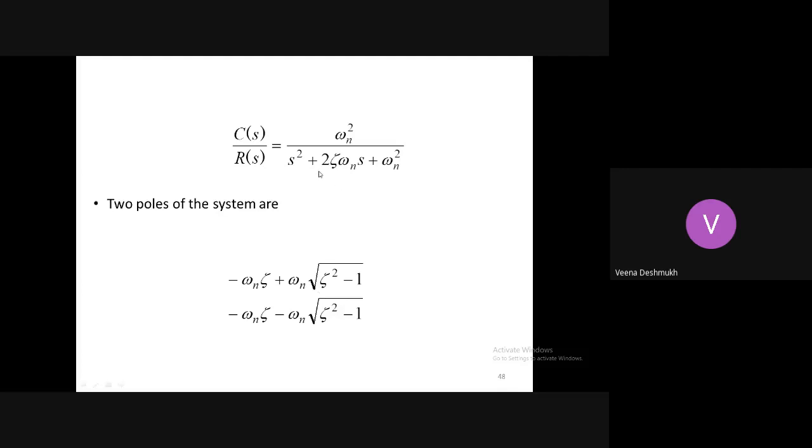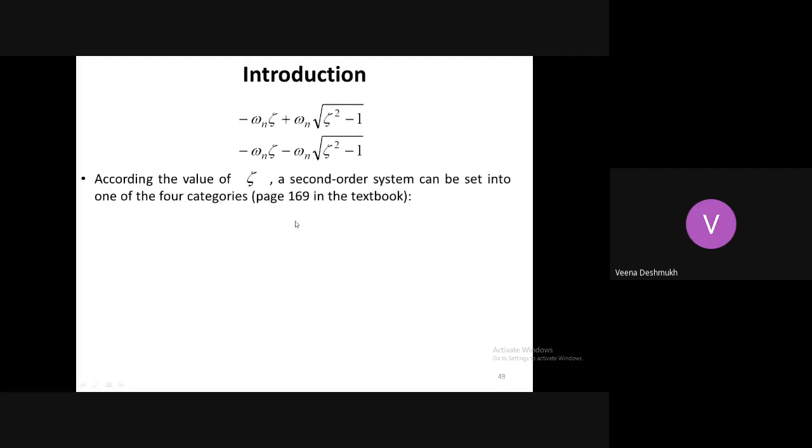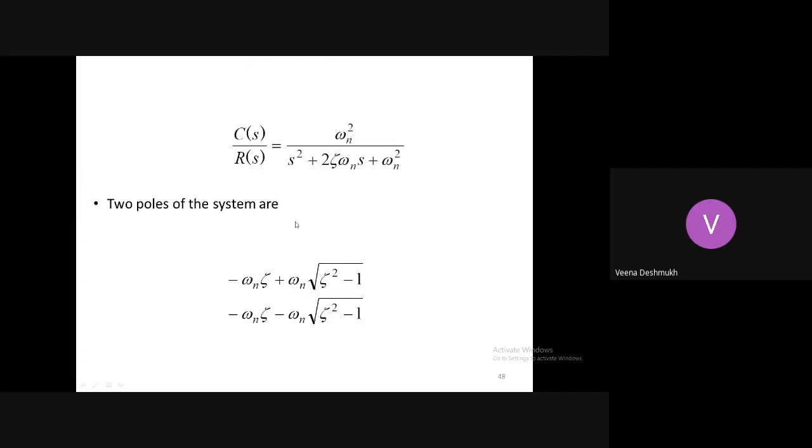Now we'll go back to our S domain second order equation, with two poles of the system. As I mentioned, in your first order RC circuit you have one pole, and in the second order system you have two RC networks, which indicates that it has two poles.